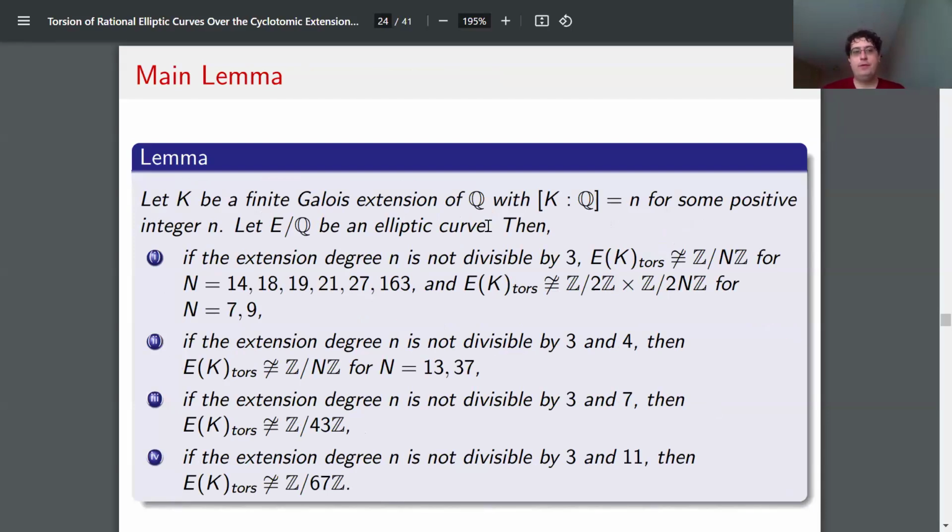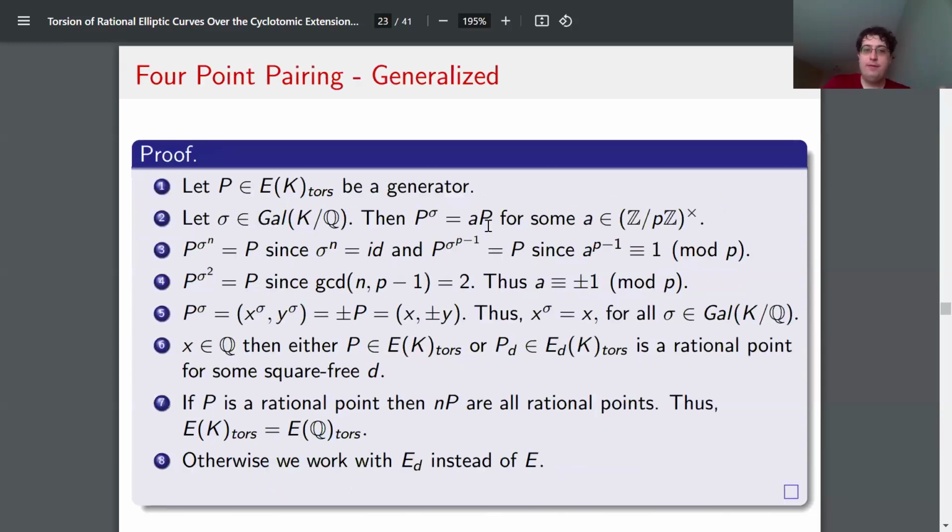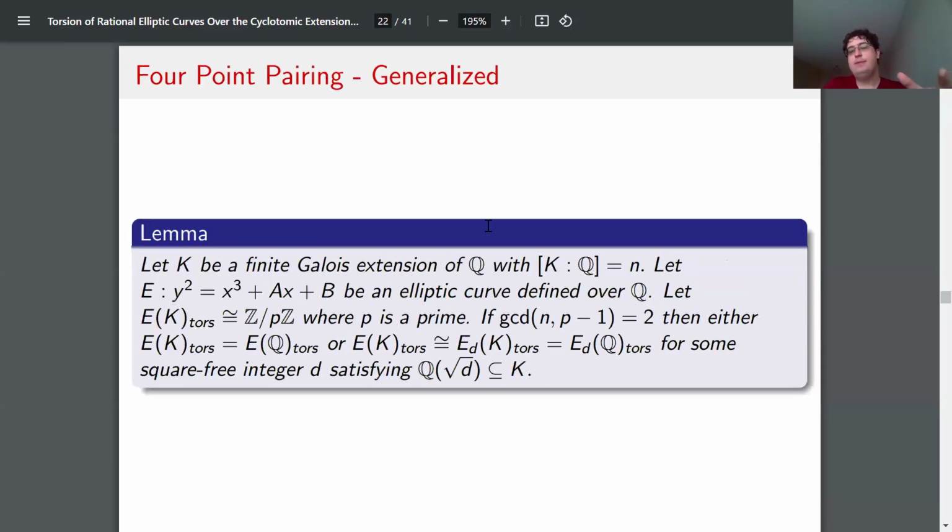Okay, so one of the main lemmas in my proof is basically by using those two results. Actually, the previous one can be generalized not only to p, but to powers of p, because the multiplicative group will still be cyclic when I change p to p to the k, and the GCD condition instead changes to the GCD of n and phi of p to the k, which is p minus 1 times p to the k minus 1.